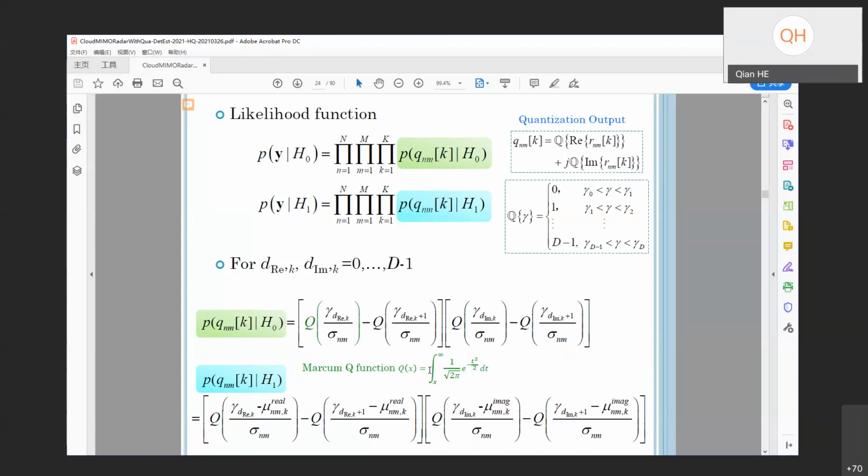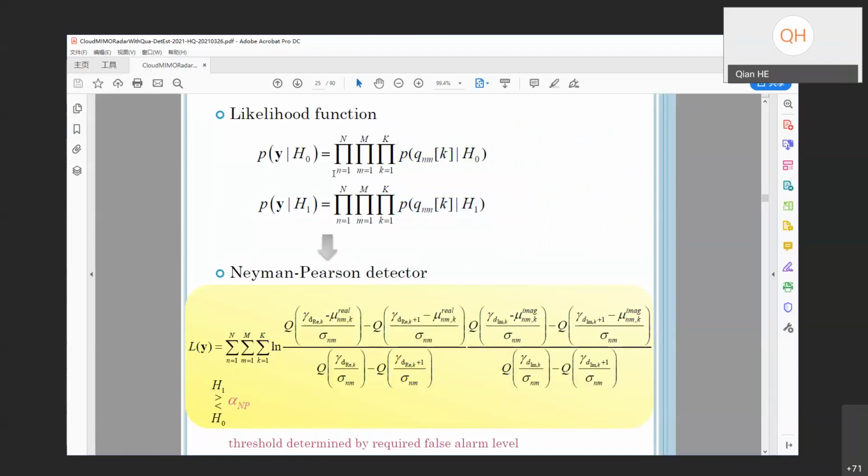So eventually you will end up with something like this. This is actually a probability mass function because it's discrete. Given this likelihood function, this is just part of it. You need to compute all of them and take the product of them, and then you have the result for this observation vector.